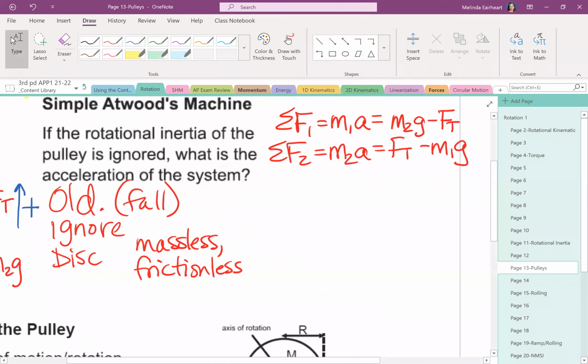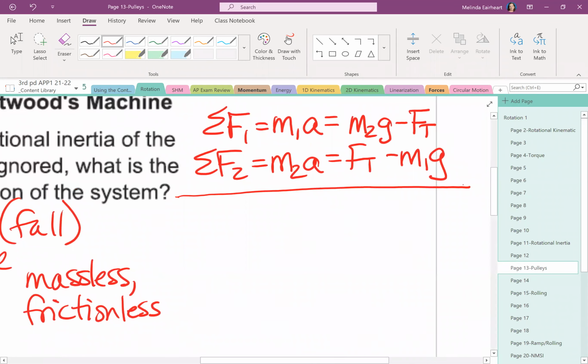At that point, we can add the two equations together to make our system equation. Now, why did I not put a subscript on the acceleration in each statement? How come not A1, A2? Do you remember? You release them both from rest. They're connected, so they're going to have the same speed up or slow down.